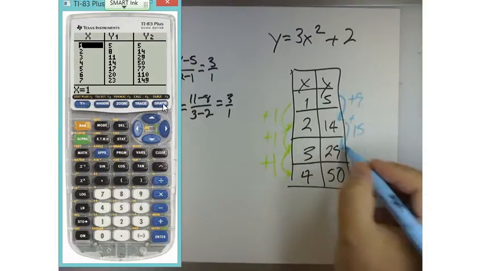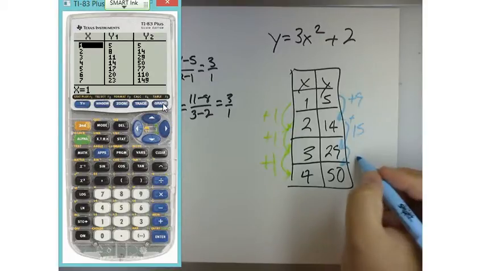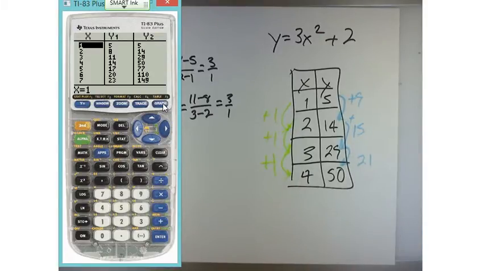What do I do to get from 29 to 50? So what do you notice about those? So my rate of change is changing. By 6. By 6, that's true, but what is changing it? So that's the thing. Now what would be nice is if I could represent that some way.